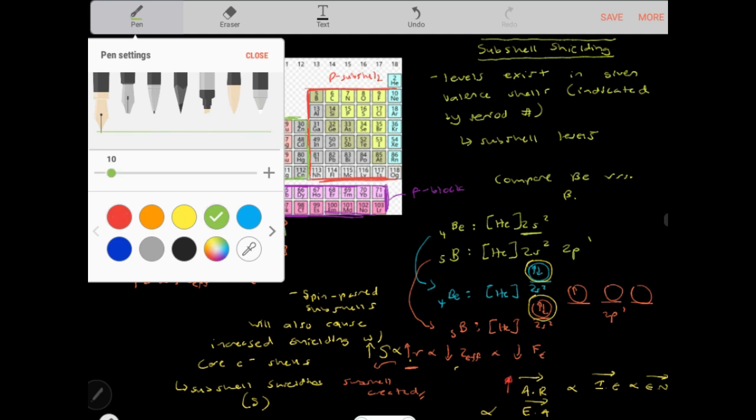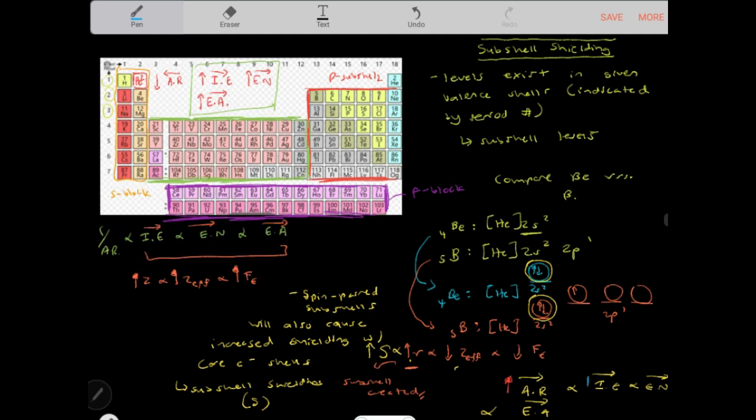So look what happens to all of these. As atomic radius increases, the ionization energy decreases, the electronegativity decreases, and the electron affinity decreases to the right of a period. So this is where some of the exceptions might occur. Exceptions may occur to periodic trends due to subshell shielding.